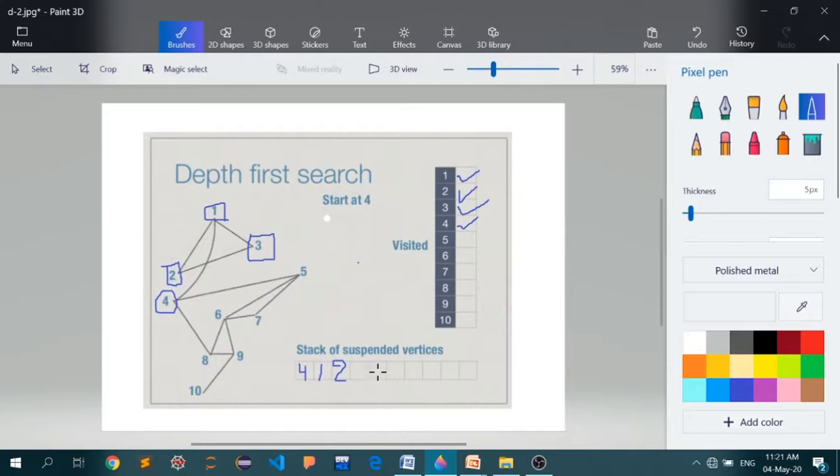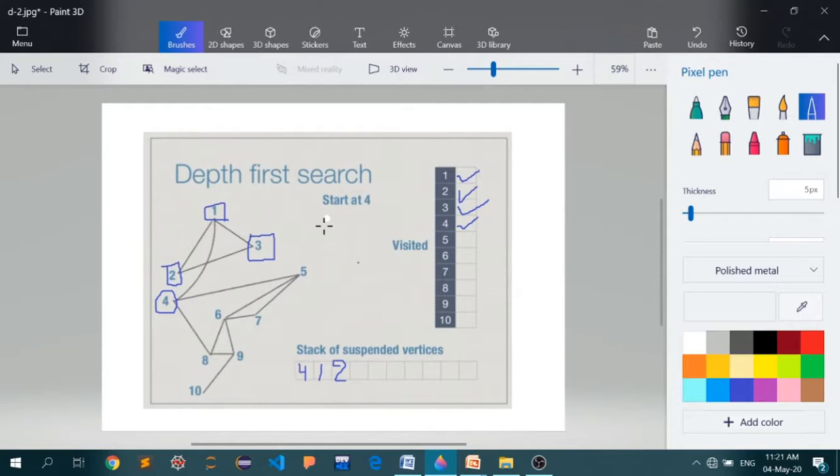So now we can move on from node 3. As I told you in the last slide, if we reach a node which has no unexplored neighbors left, then at this point we will start the exploration of the nearest neighbor which we left for exploration at some point in the past.